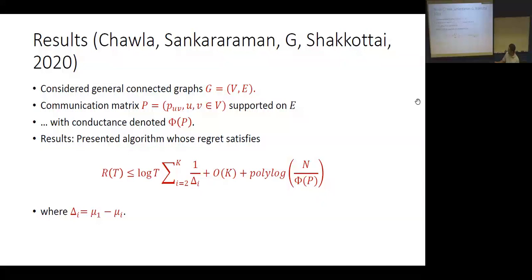You can also ask for what graphs it is good. For expander graphs in general, the conductance is good, and you can communicate with other nodes fairly quickly. But if you were sitting on a grid or a cycle, then the conductance is small and it takes a long time for information to propagate from one end to the other.